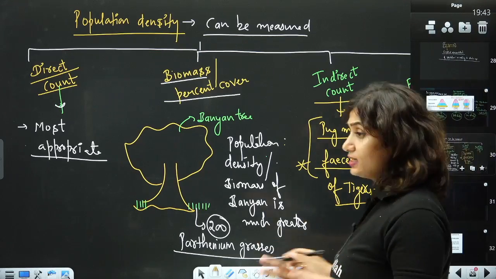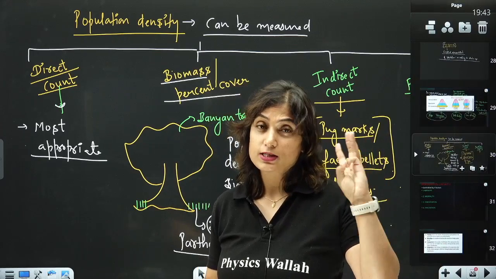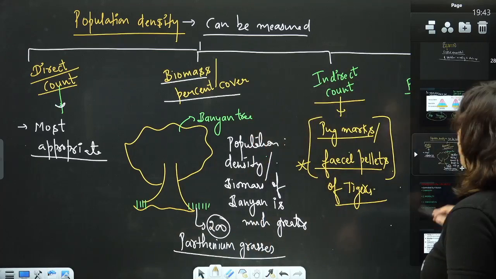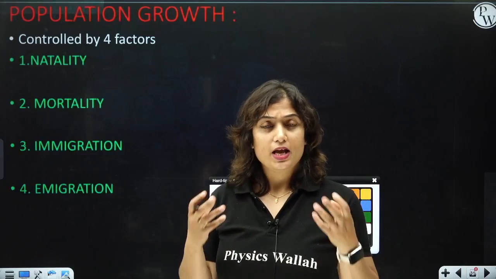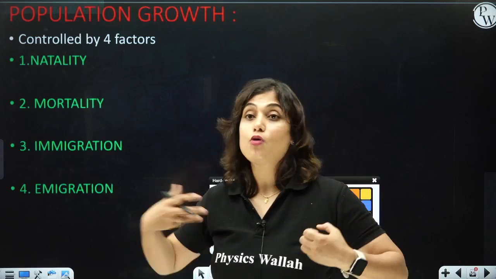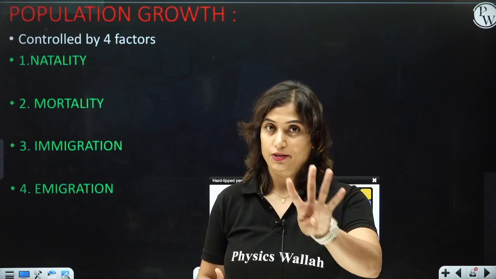So we have discussed the population attributes: birth rate, death rate, age pyramids, population density. Now let's move on to population growth. Whether a population is growing or not growing is controlled by 4 factors.